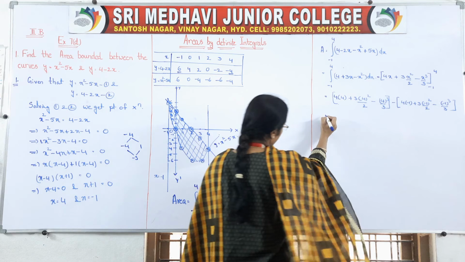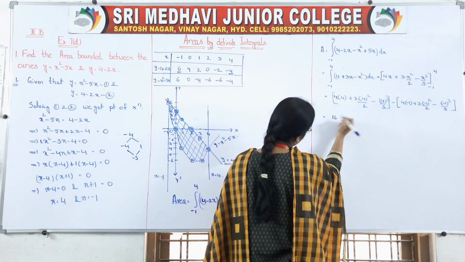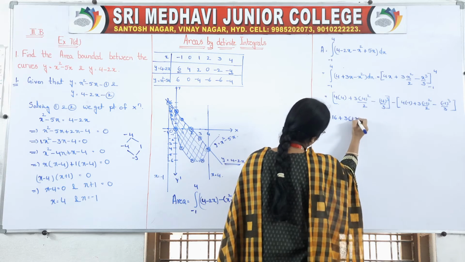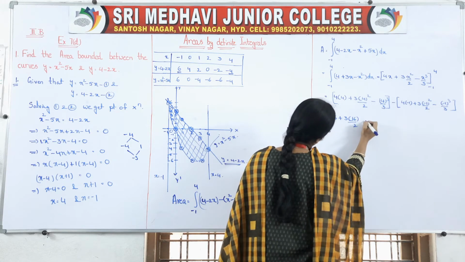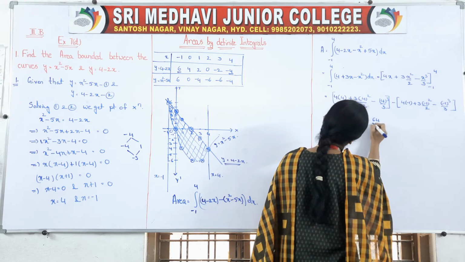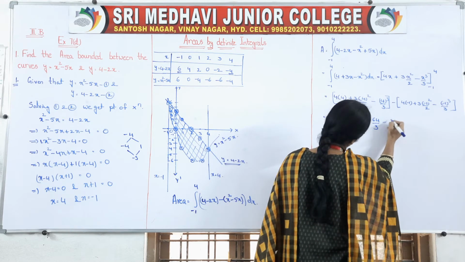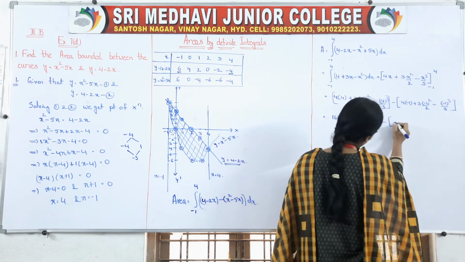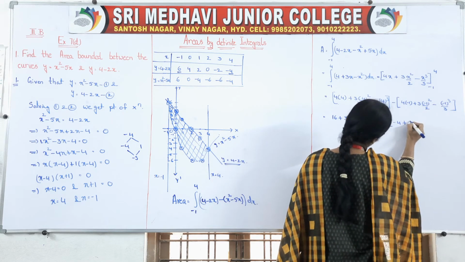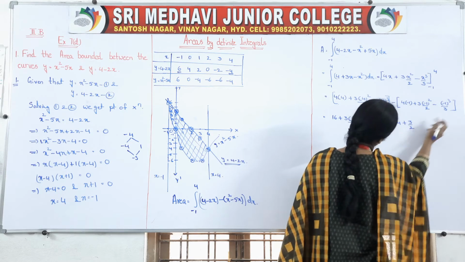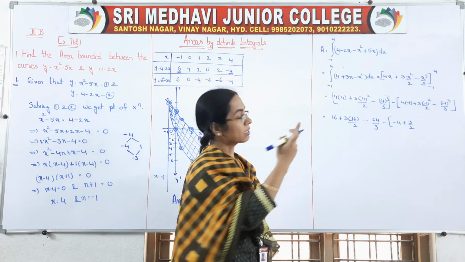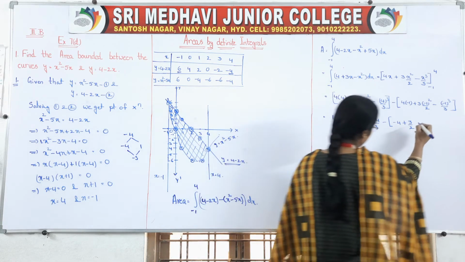Okay, so is equal to, it is 4 fours are 16 plus 3 into 16 by 2 minus 4 fours are 16, 16 fours are 64 by 3, minus, right. So it is minus 4 plus, minus of minus plus, right? So 3 by 2 here, minus into minus plus, plus into minus minus, minus of minus plus, right?